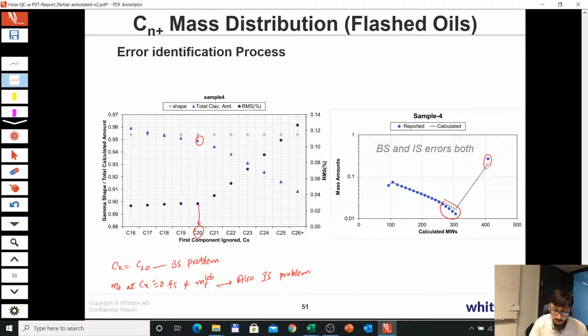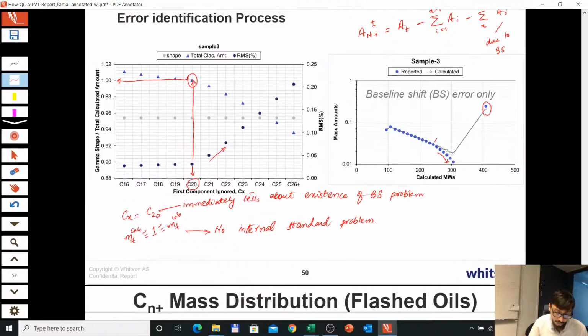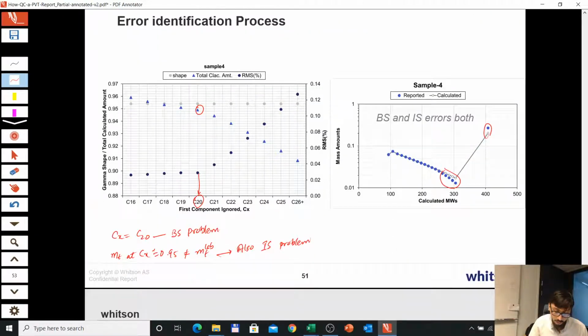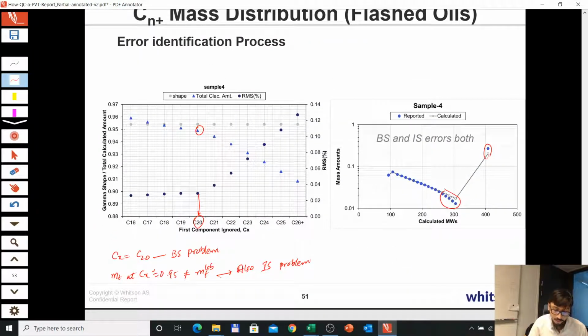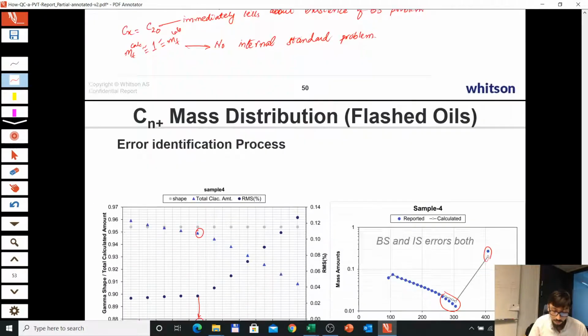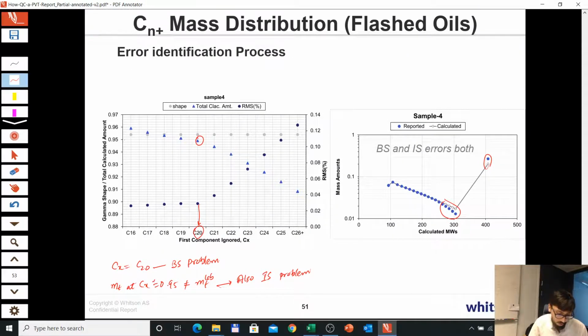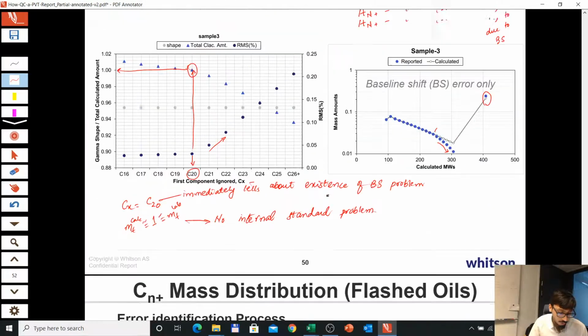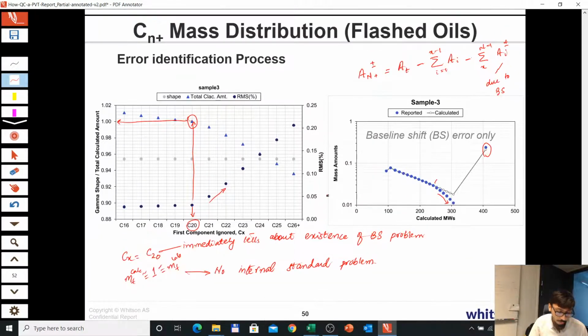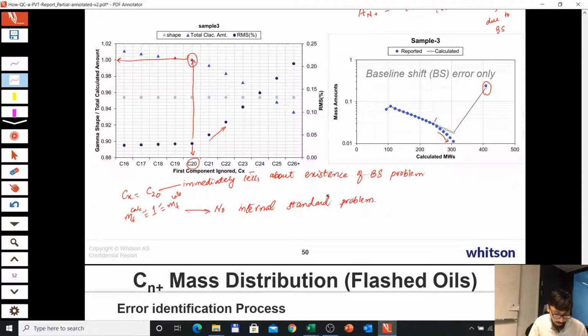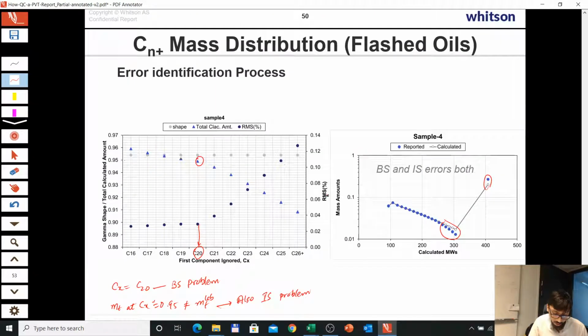This plot looks very similar to what we had before in the baseline shift. So just looking at this plot, you cannot say whether there is a baseline shift problem or internal standard problem, or whether there is only a baseline shift problem or both problems. So that's why we need to do this exercise on the left, to pinpoint what is actually the problem in the given compositional data.